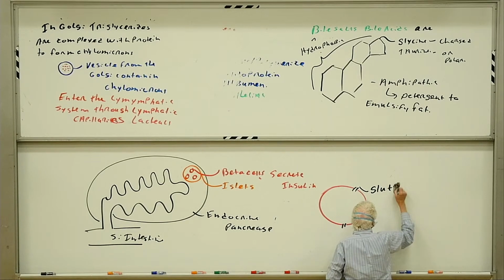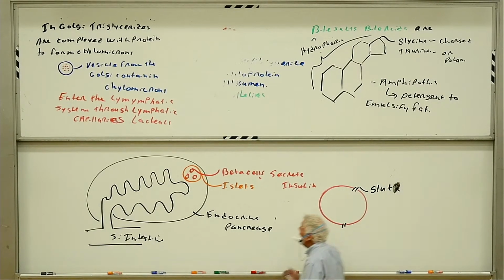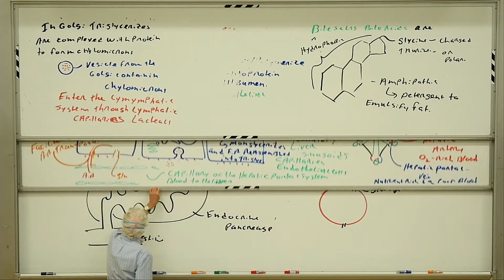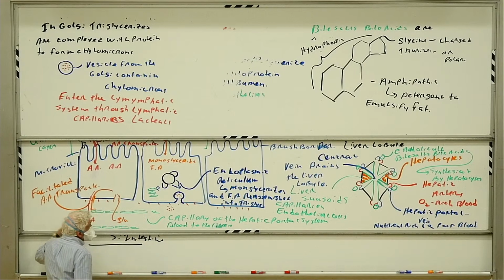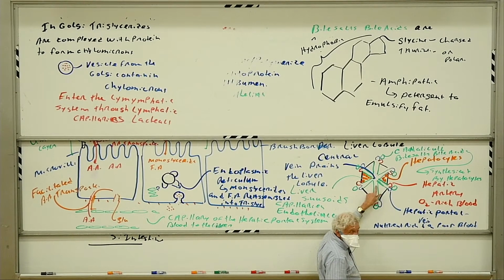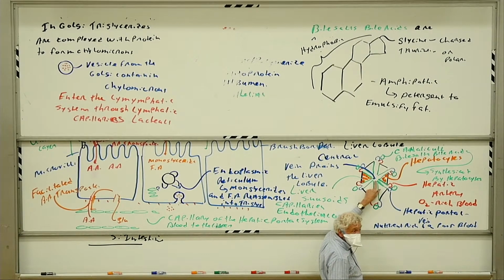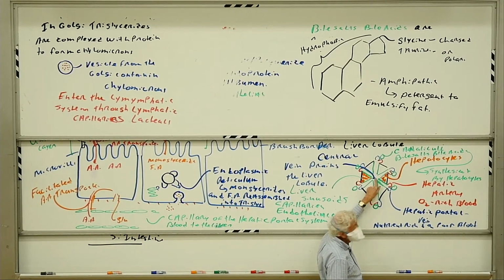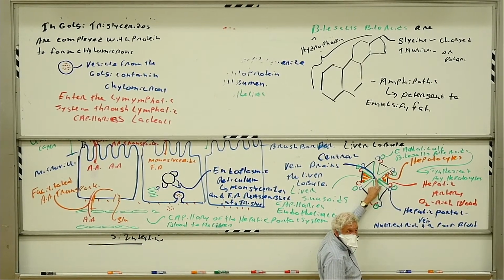So what's happening here is that if we go back to this story, where the blood is being carried to the liver, the blood flows through the sinusoids. But whenever there's, after a big meal, excess glucose, the glucose now flows out into the central vein and out into the systemic vasculature.